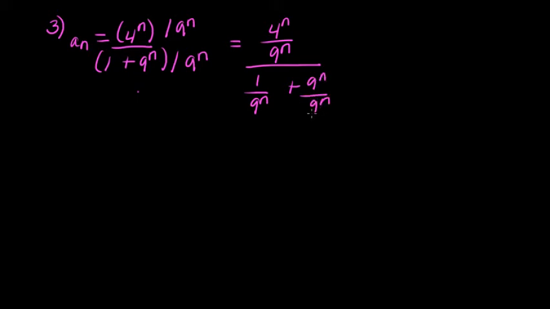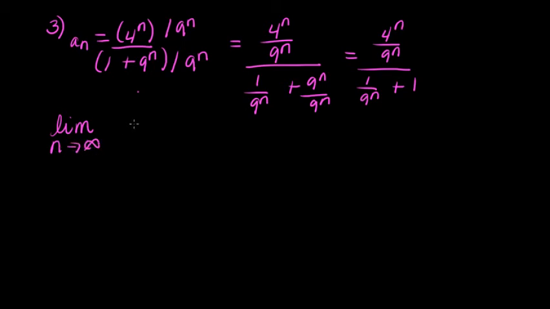All right, from here we can just go ahead and simplify as much as possible. So I am given 4 to the n over 9 to the n divided by 1 over 9 to the n plus 1. Let's take the limit as n approaches infinity of our 4 to the n over 9 to the n, all divided by 1 over 9 to the n plus 1.